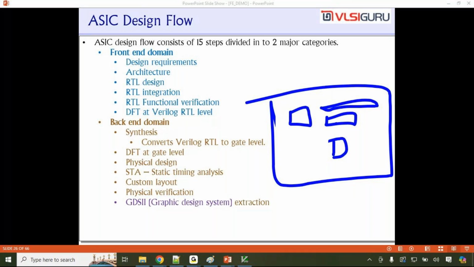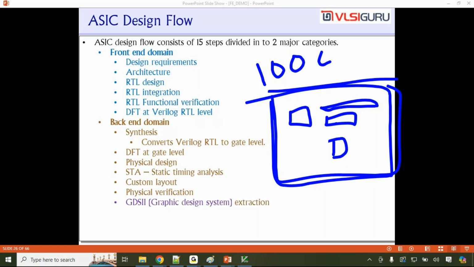You are talking about doing it for 100 crore transistors. For each transistor, they have to tell where the doping should be done, where the metal should be deposited, where the etching should be done. That whole thing for each and every transistor. That's what makes it so complex.